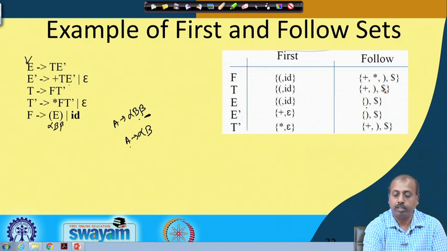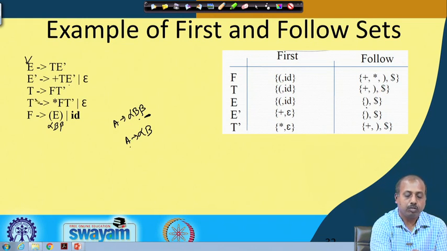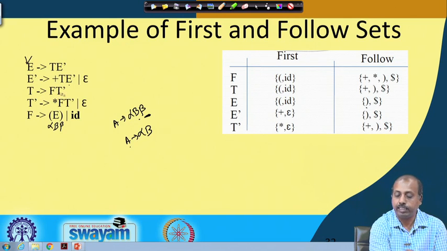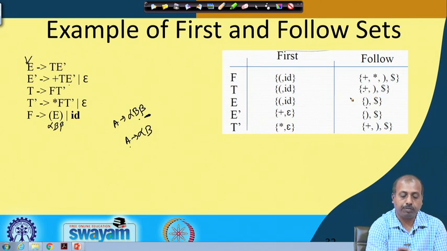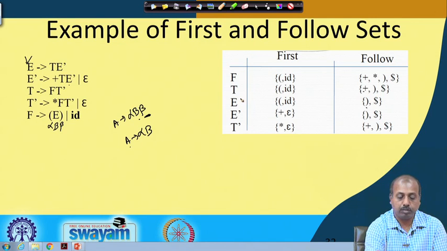So, they are added to the follow of T. Coming to the third rule, whatever is in follow of T will be in follow of T dash. Follow of T has got plus, close parenthesis and dollar. So, they are added to the follow of T dash.